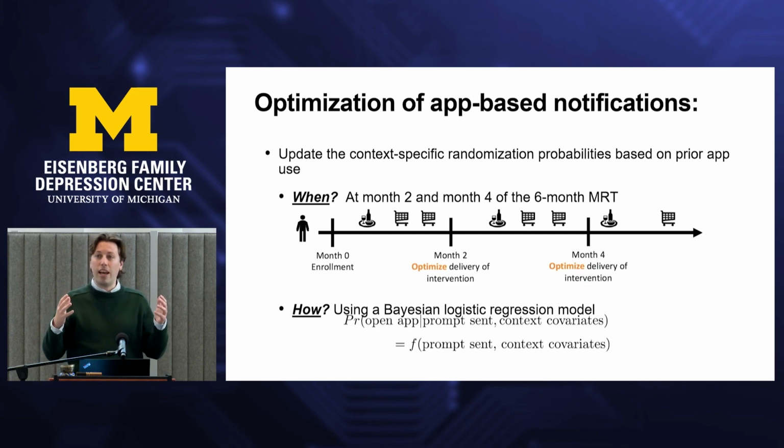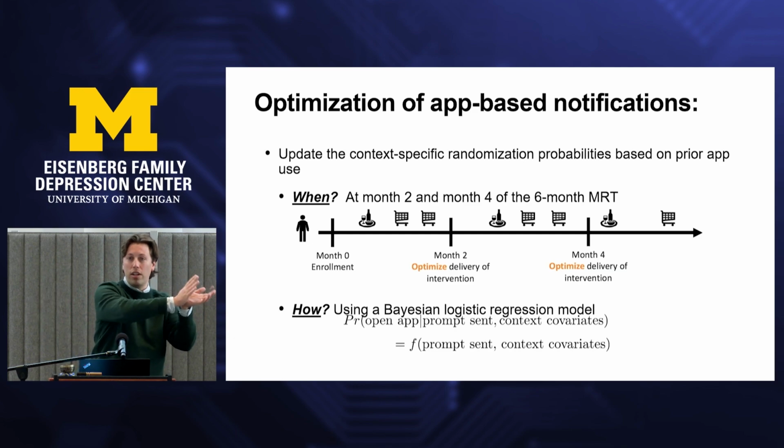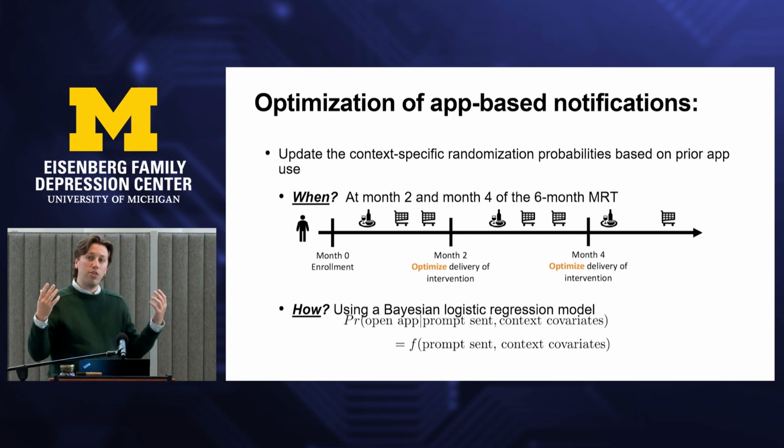And so in any of these algorithms that we design for RL, there's basically an explore-exploit trade-off. I need to make sure I'm sending you messages often enough in different contexts to figure out what works, and then also increase the probabilities in those contexts so that I'm exploiting the ones that work better. So the Bayesian machinery gives you a nice way to balance those two things.